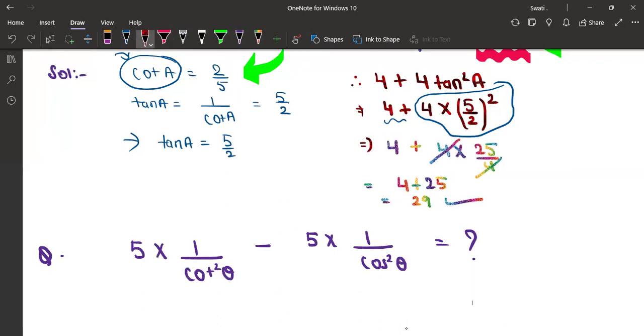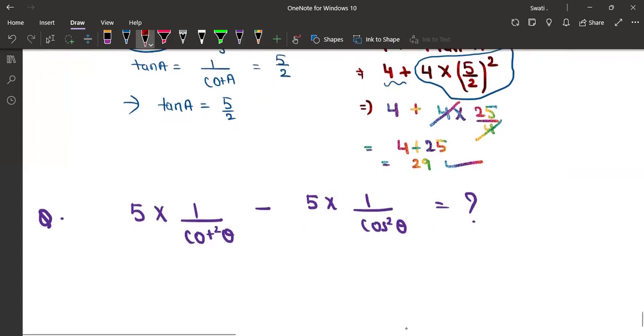So how to solve this? Of course, I'm going to tell you how we can solve this. So it's very simple. 5, let's write down as it is, into. Can you tell me what is 1 upon cot theta in terms of trigonometric identity? Just now it is written above. Just now we solved it. What is 1 upon cot theta?